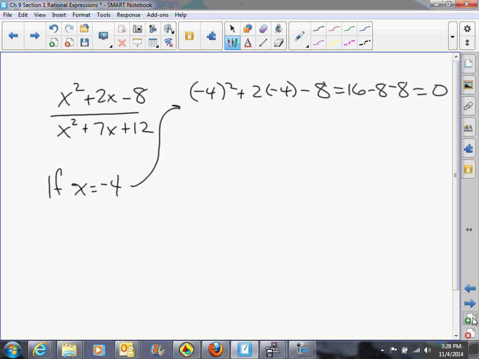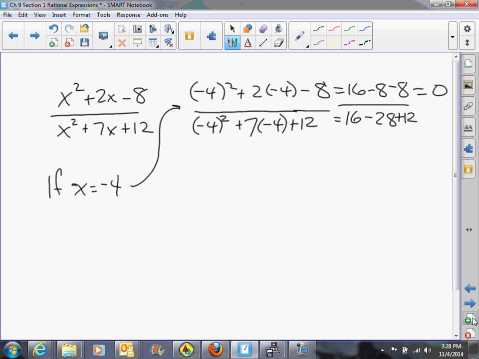And on the bottom, if we have negative 4, we have negative 4 squared again, plus 7 times negative 4, plus 12. Now, negative 4 squared again is 16. 7 times negative 4 is negative 28, plus 12. Now, 16 plus 12 is 28 minus 28 is 0. So we get 0 over 0.